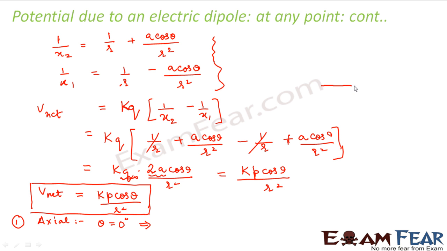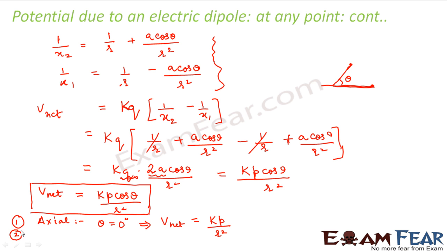So this is your dipole and this is the point, and this is theta. When I say axial point, the point is here, so the angle formed by the point with the dipole is 0 degrees. So put theta equal to 0. V net becomes equal to Kp divided by r square. This expression is the same which you obtained in the slide just two to three slides before.